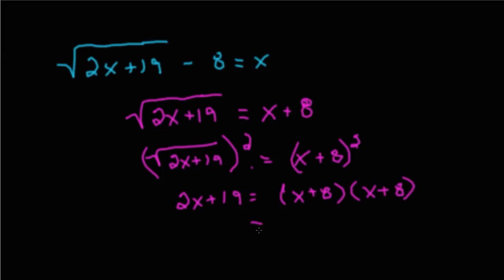So that will equal x times x is x squared, 8 times x is 8x, plus 8 times x is another 8x, so that's 16x. And then 8 times 8 is 64.